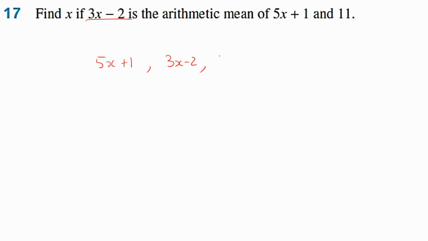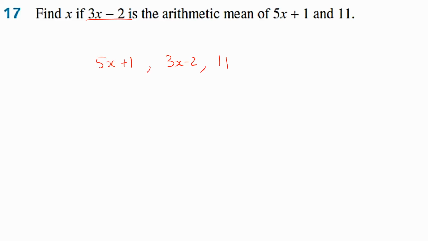And that now gives me 11. What I don't know is whether 11's here and 5x plus 1 is on that side. I don't actually know. I'm just putting it out there. This is the possible sequence. So I don't know if it's in that order, but what I do know is C is my 3x minus 2. Now they want you to find x.